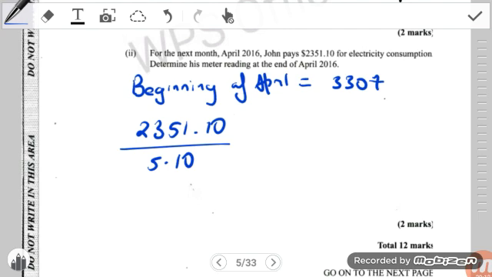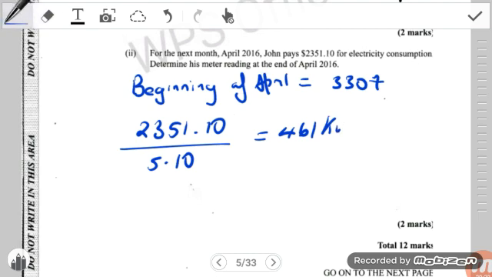So I take 2,351.10 and divide it by the amount they charge me per kilowatt-hour, and that should give me a total of 461, and that should be kilowatt-hours. All right, that's the amount of electricity that I used for that month.